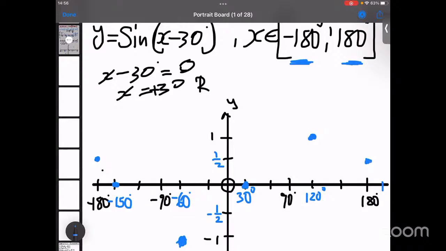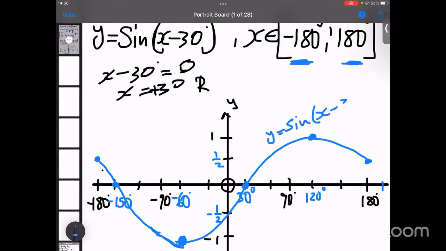So in plotting these, it definitely looks like all that I have to do is just to connect the dots. Yes, something of that nature, the honorable member. This is that function of y, which equals sine of x minus 30 degrees.